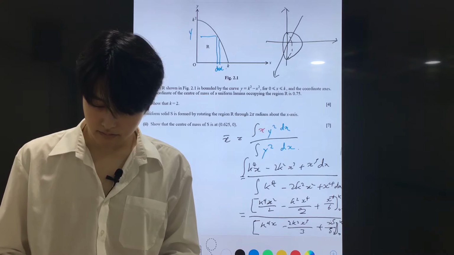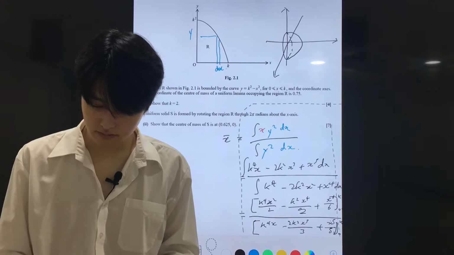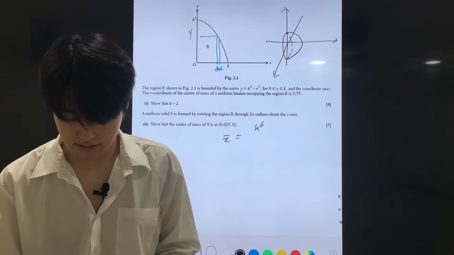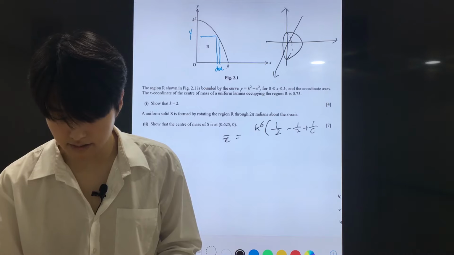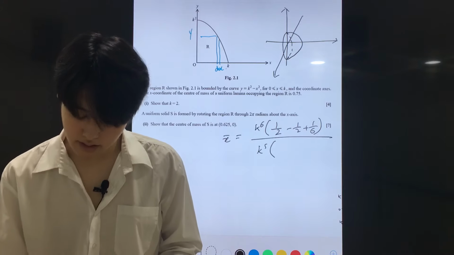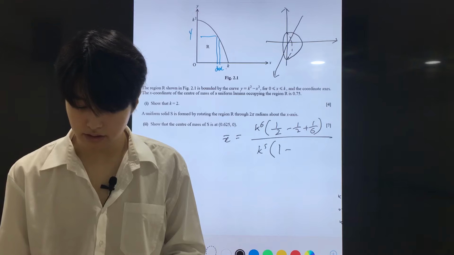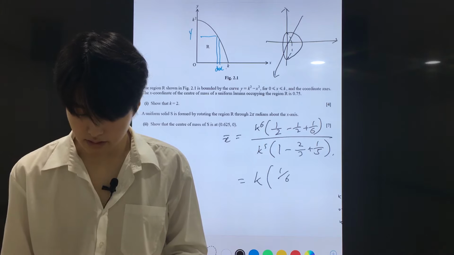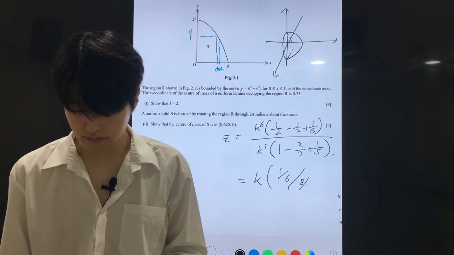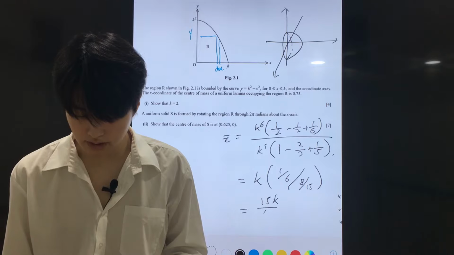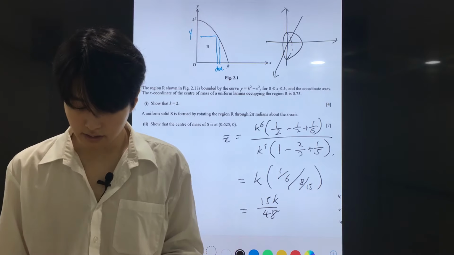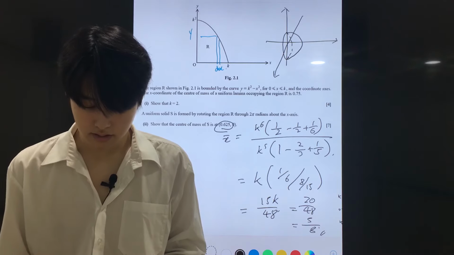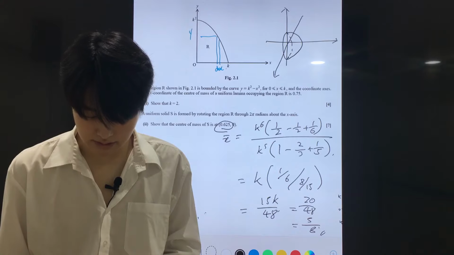So if we evaluate that, we get k to the 6 times (a half minus a half plus a sixth) over k to the 5 times (1 minus 2 over 3 plus 1 over 5). That is equal to 1 over 6 over 8 over 15, which is equal to 15k over 48. Now we know that k equals 2 in this case, so that's equal to 30 over 48, which simplifies to 5 over 8. And we get x bar equals 0.625.